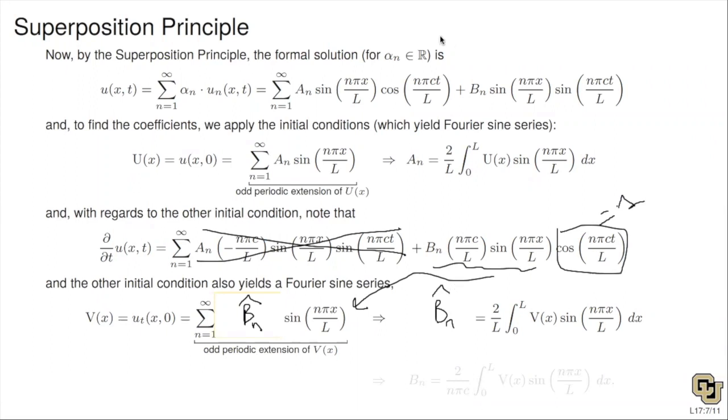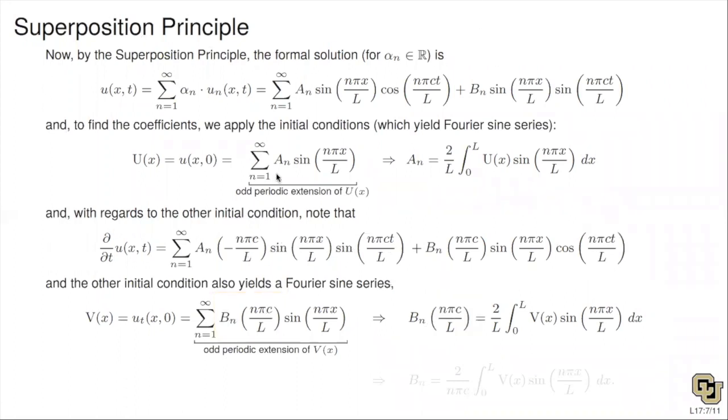But now b n hat is just this expression, and we want to isolate this term here. So I'm going to divide both sides by n pi c and multiply both sides by L. And so when we do that, we get a formula for b sub n. Here, think about where this 2 over n pi c came from.